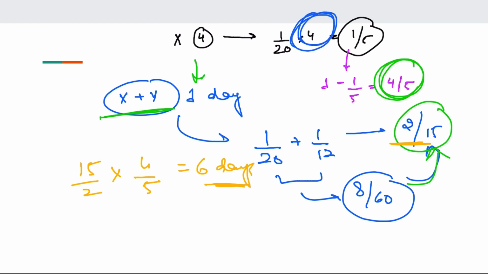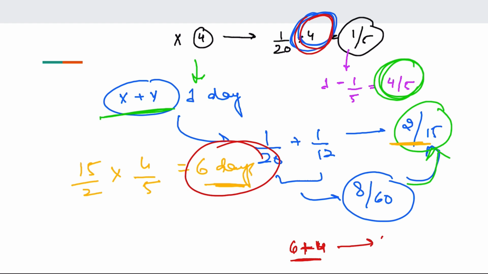Here it is. Let me mark it with red. 4 days. And how much was their joint work? 6 days. So the total time taken is going to be 6 plus 4. I hope you people can add this. It's not that tough. It's 10 days.